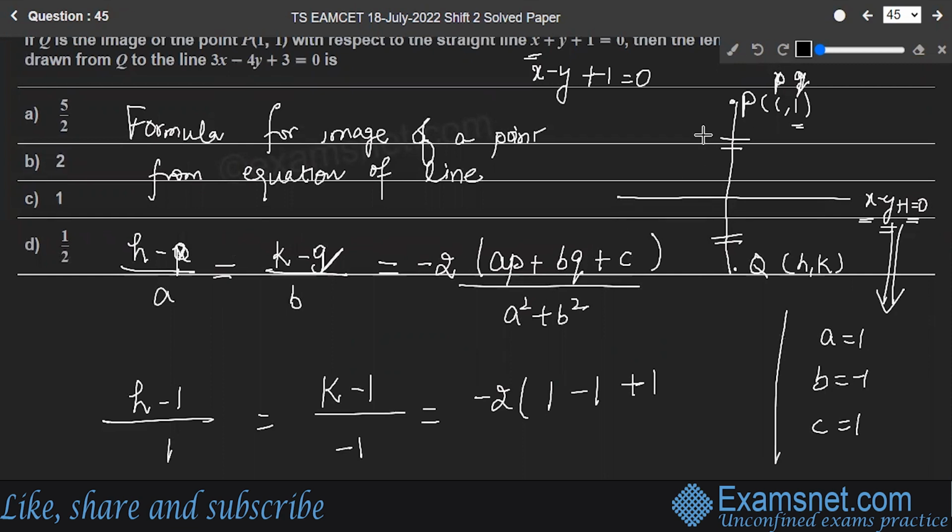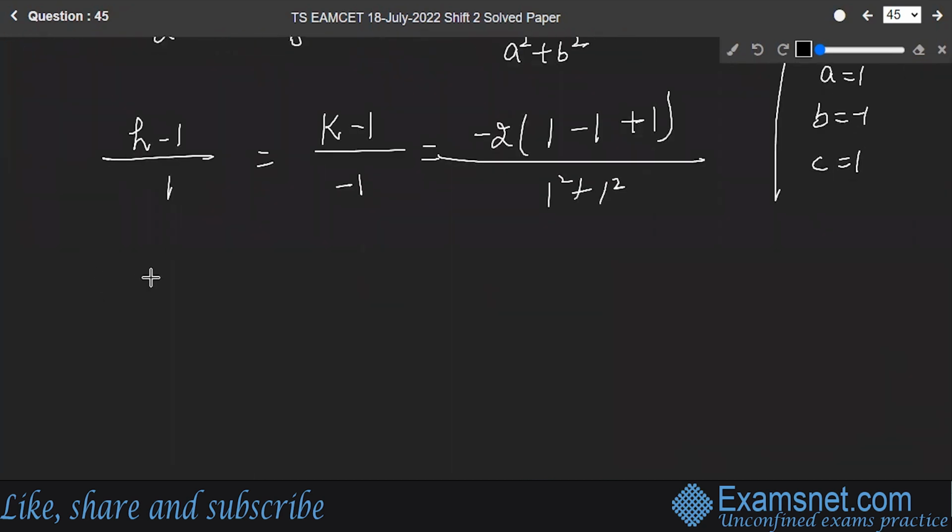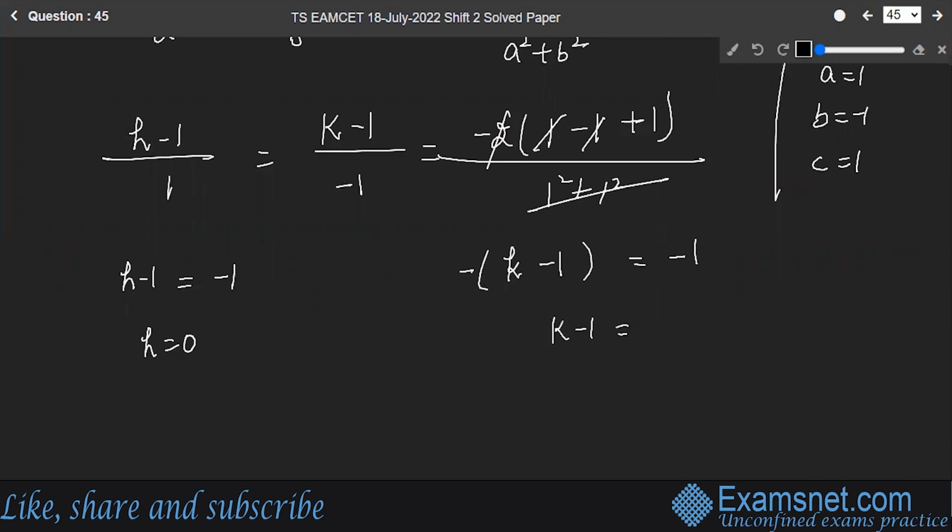All right, this is whole divided by 1 square plus 1 square. This gives you h minus 1 is equal to, so this will cancel out and this will also cancel, and you will have minus 1, which gives you h is equal to 0, and k minus 1, actually negative of it, this is also equal to minus 1, which gives you k minus 1 is equal to 1, or k is equal to 2.